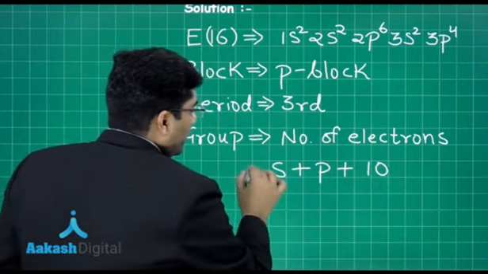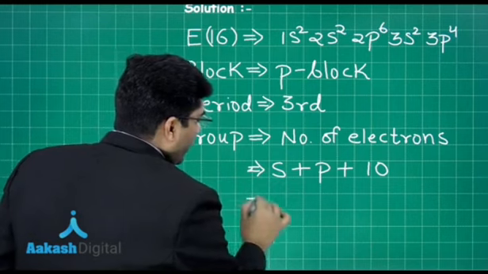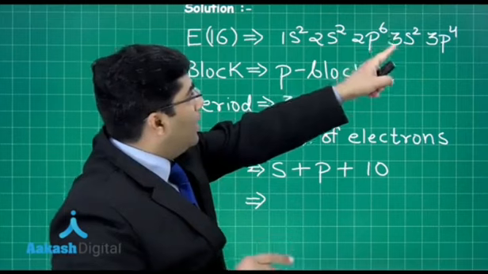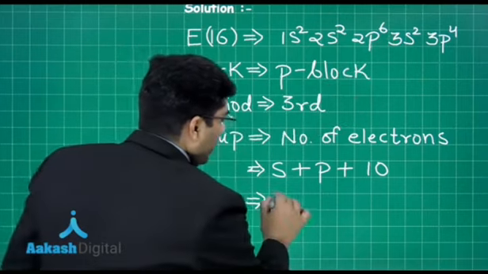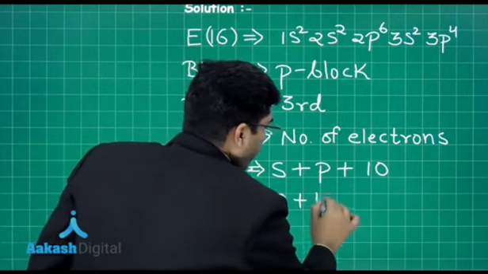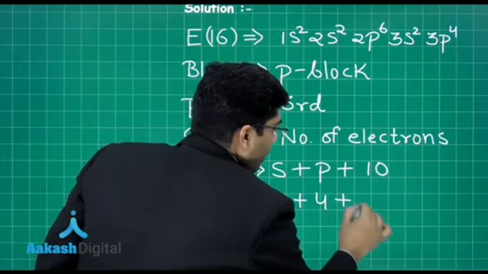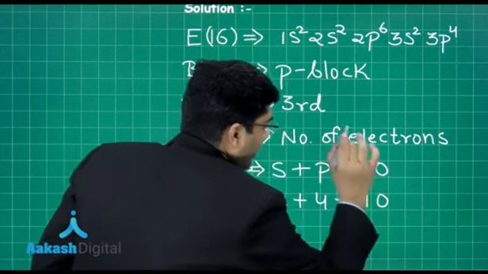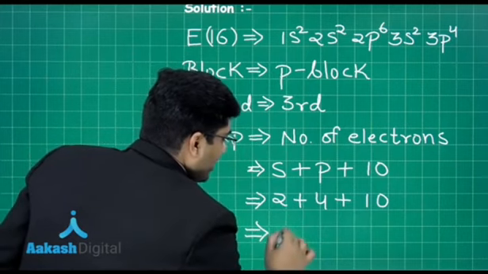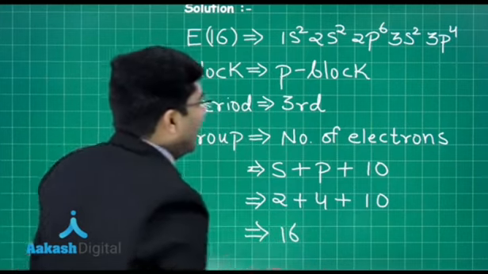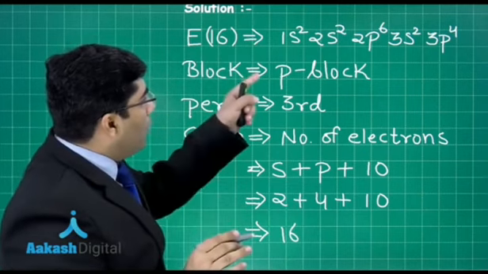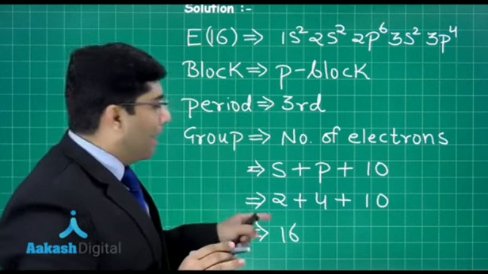How many electrons are present in the s subshell of the valence shell? 2. So we write 2 here, plus 4 in p, and then we add 10. So it equals 16. It means the group number is 16. So, p block, third period, and group number 16, right?